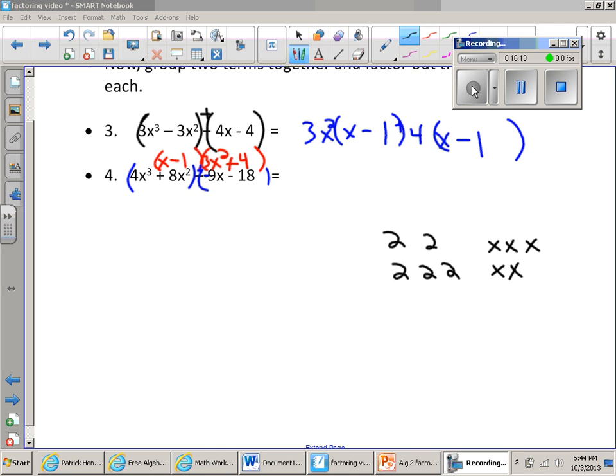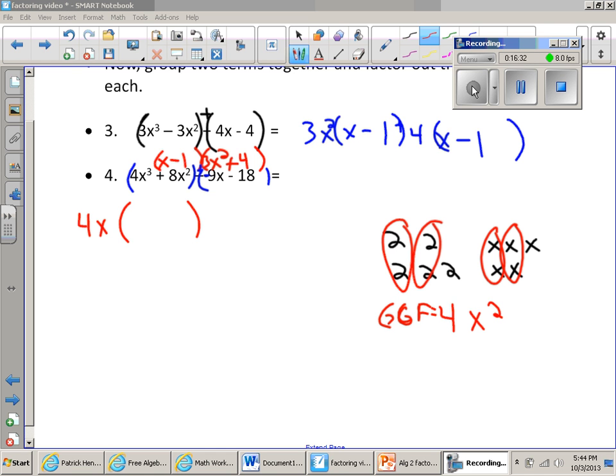If you don't know that, do your factor tree. What's in common? 2, 2, x, x. GCF, 4x squared. Where does it go?